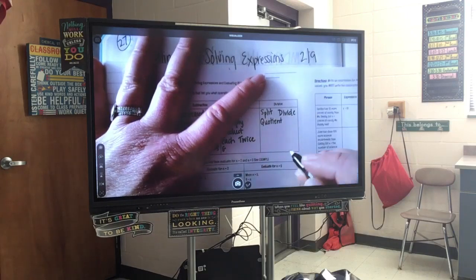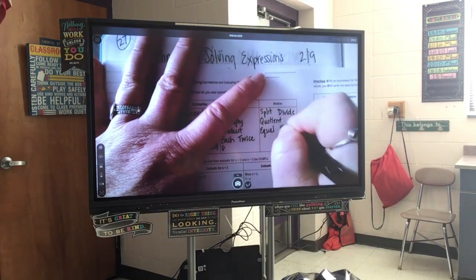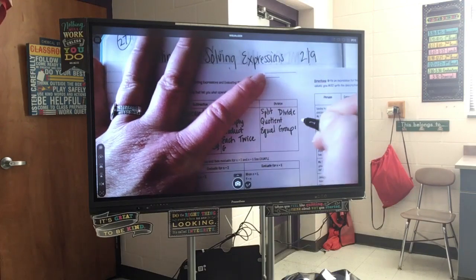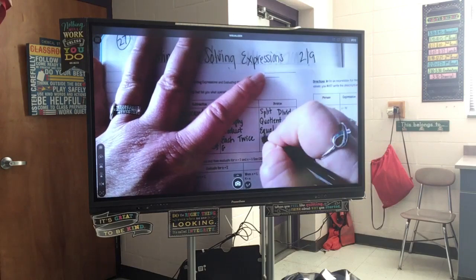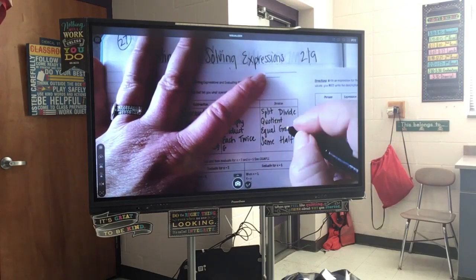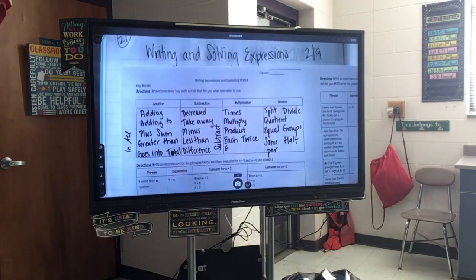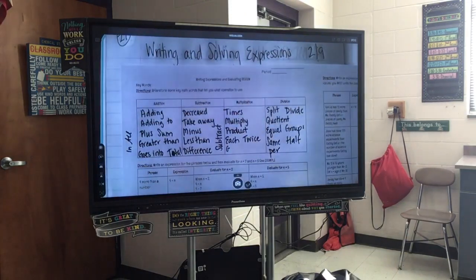Levi? Equal groups. How about same? Half? Per? So if you don't have one of those, you might want to add at least same or per.